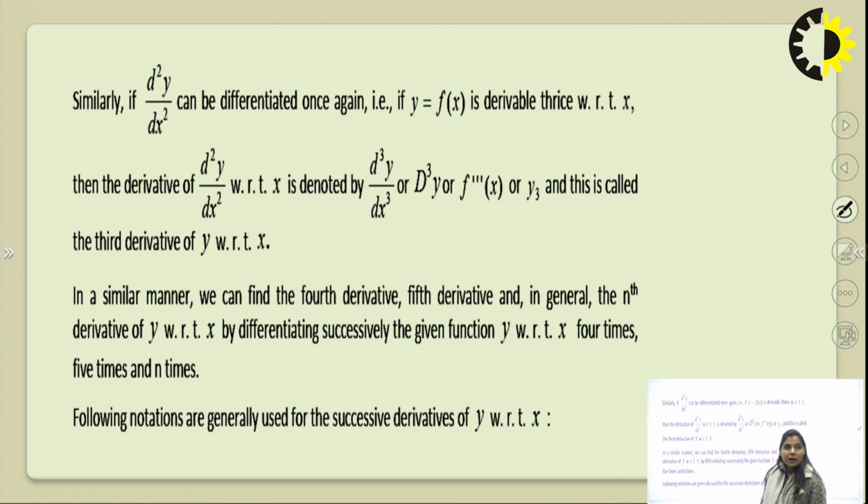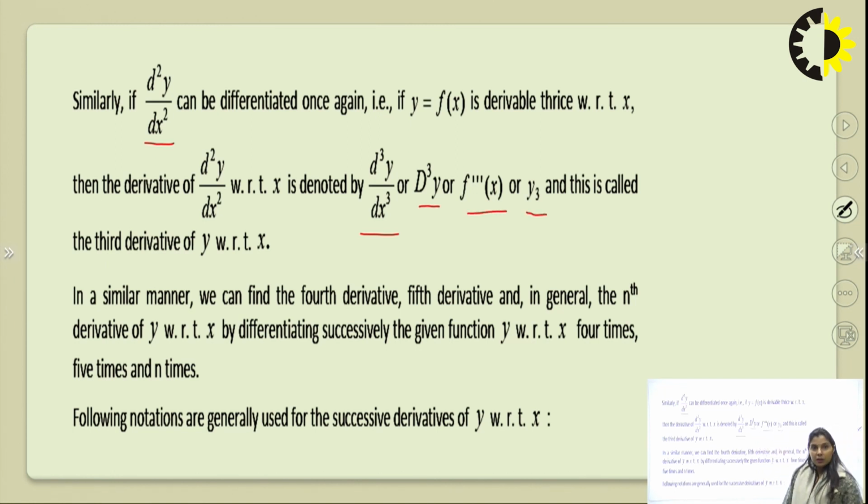Now similarly, if we again differentiate d2y upon dx square, this is called the third derivative of y with respect to x, and it is denoted by d cube y upon dx cube, or D cube y, or f triple dash x, or y3.